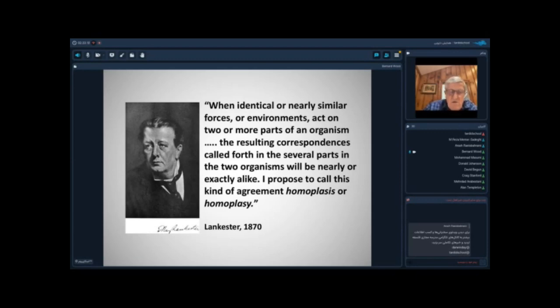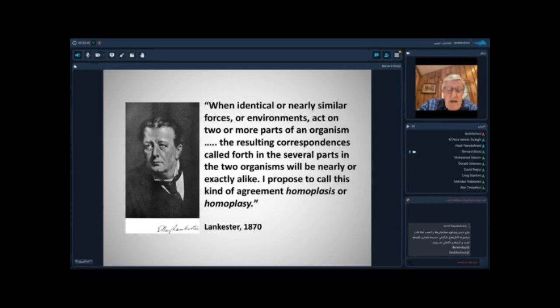And don't forget, he was a Victorian, so this is very flowery language. The resulting correspondence called forth in the several parts of the two organisms will be nearly or exactly alike. In other words, two closely related organisms exposed to the same environmental challenges are likely to respond in similar ways. And he says, I propose to call this kind of agreement homoplasis or homoplasy.